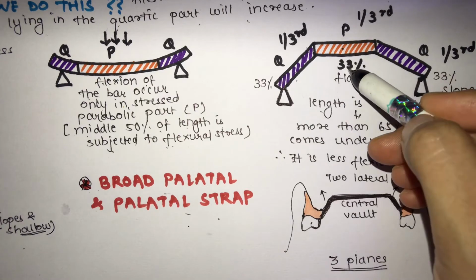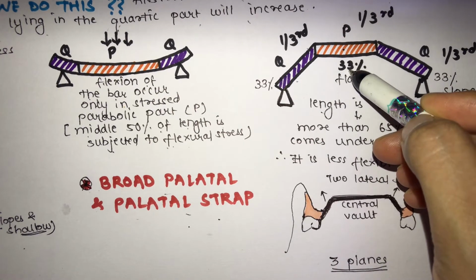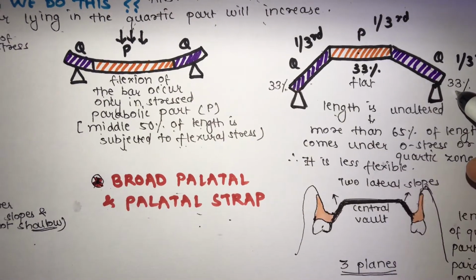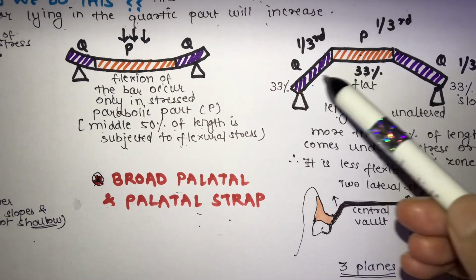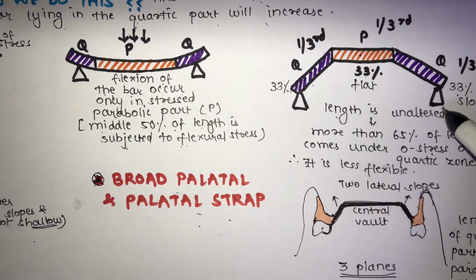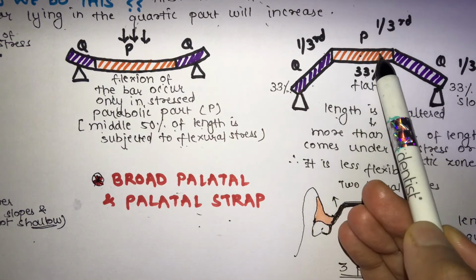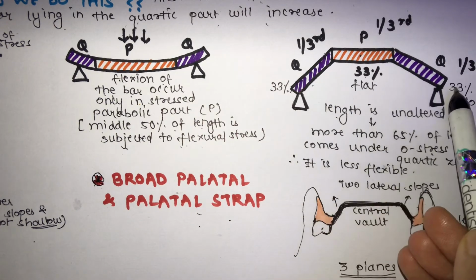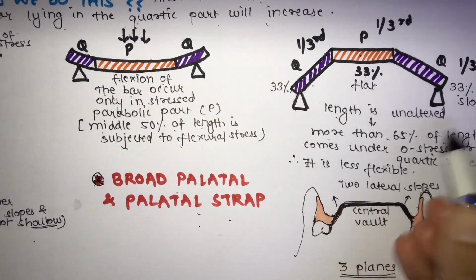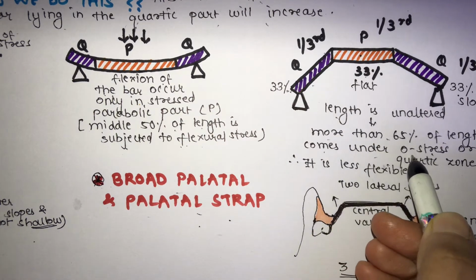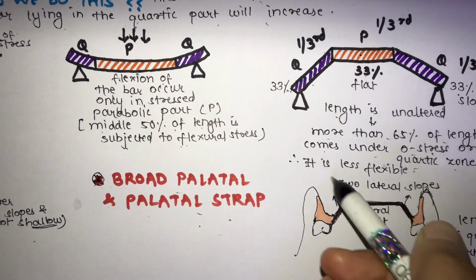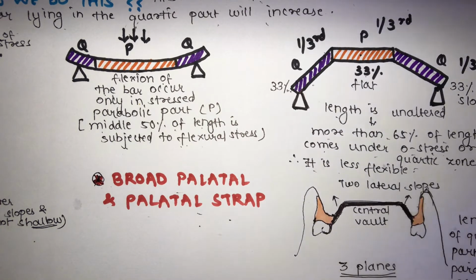So it's like 33% parabolic, and the quartic is 33% on either side. So it is bent into three planes. Over here is the flat part, and the remaining 66%. So now more than 65% of the length comes under the zero stress or quartic zone, and hence it is less flexible. And this is what we want: the major connector should be rigid.